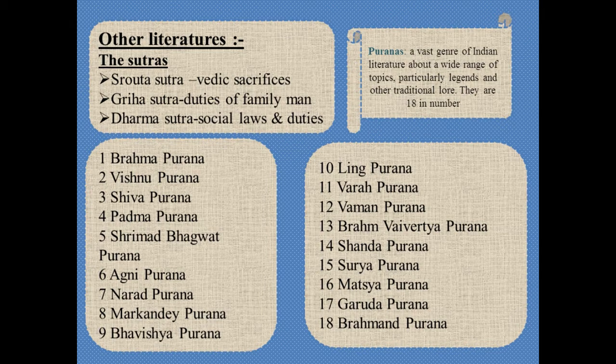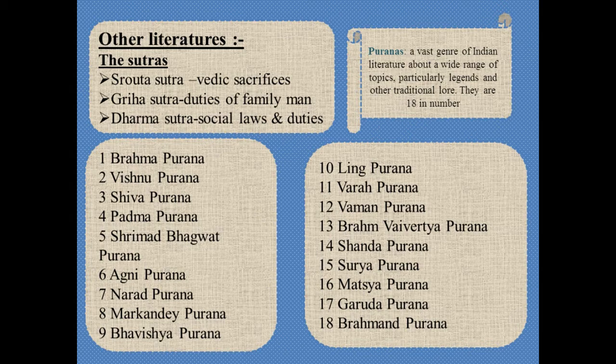These duties and responsibilities of a family man, and how to carry them out, were all given in the Griha Sutra. Last one, Dharma Sutra, dealt with social laws and duties: how an individual lives in a society following its rules and regulations. That is what these sutras mean.